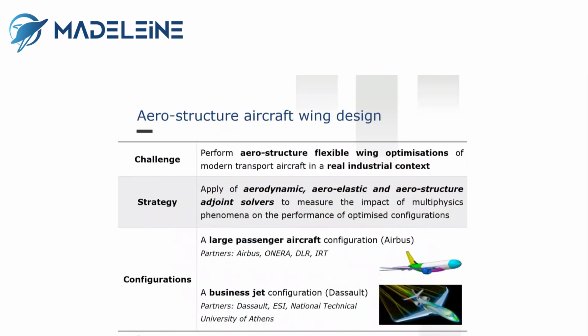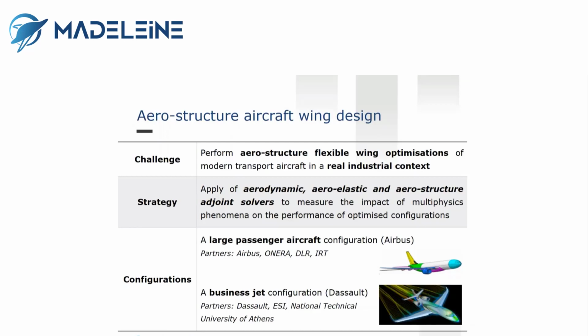So in more detail for these 5 test cases, the first one, as I said, is aerostructure aircraft wing design. The challenge here was to develop all the framework to perform aerostructure flexible wing optimization of a representative modern transport aircraft using industrial tools, especially for the parameterization and for the CFD and adjoint solvers.